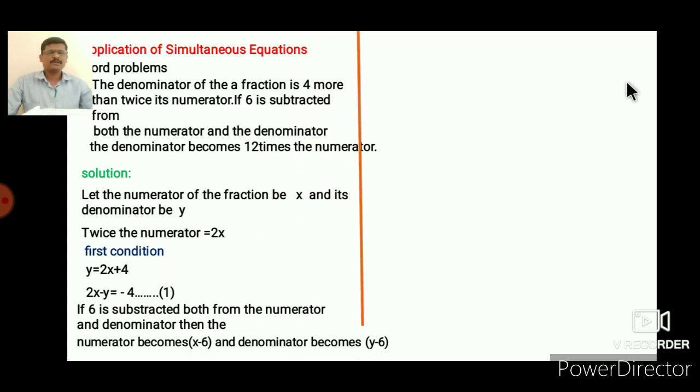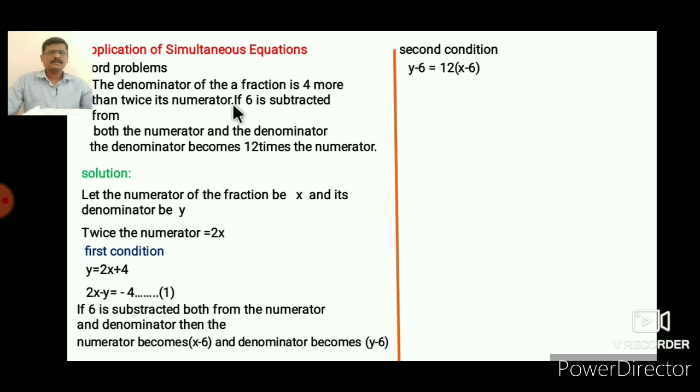Therefore, the second condition is: if 6 is subtracted from both the numerator and denominator, the denominator becomes 12 times the numerator. The numerator is x minus 6 and the denominator is y minus 6.